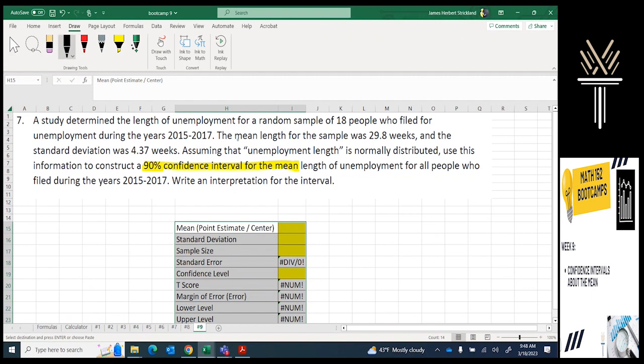So let's see. Mean is 29.8. Standard deviation, that's right here, 4.37. Sample size, a random sample of 18.